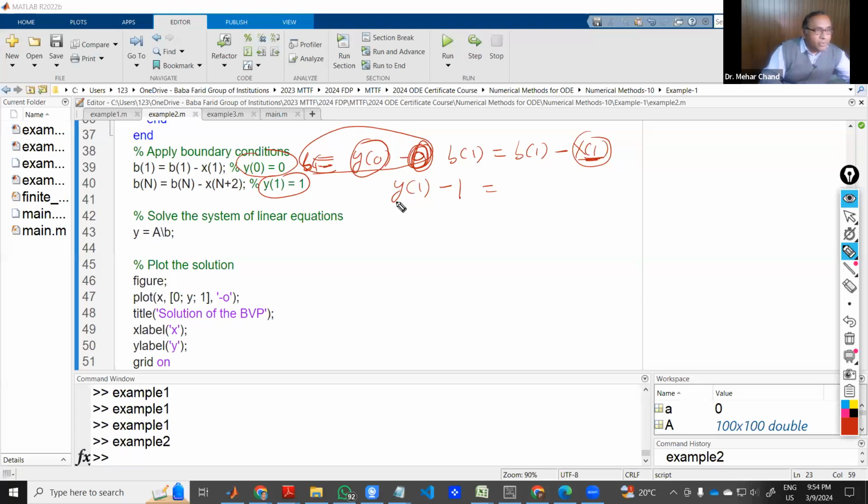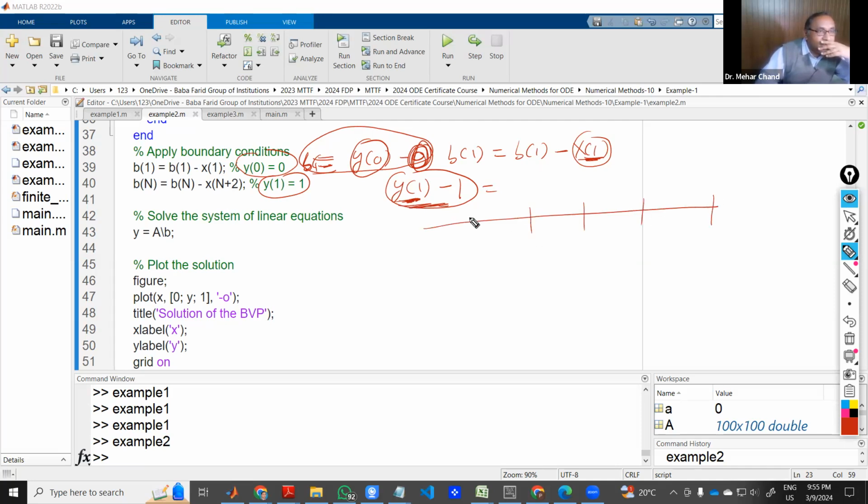This is the value at the end point, the value at bn. Actually this will be clear when we reduce it in the system of equations. Then this will be quite easy to explain. So this is the value y_bn, and the system of equations will be n plus 2.